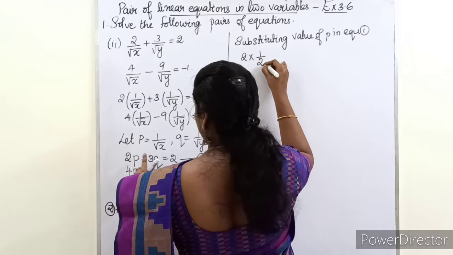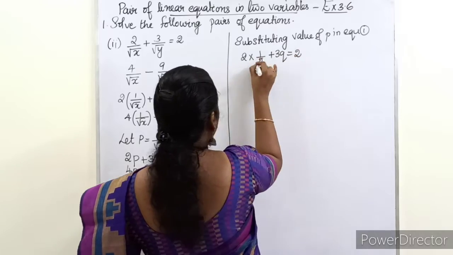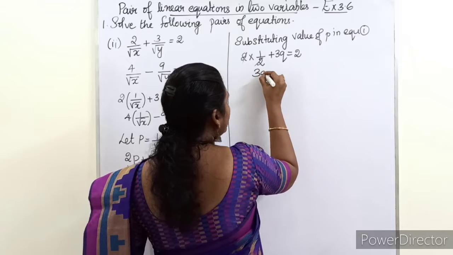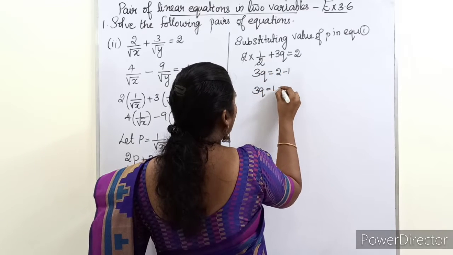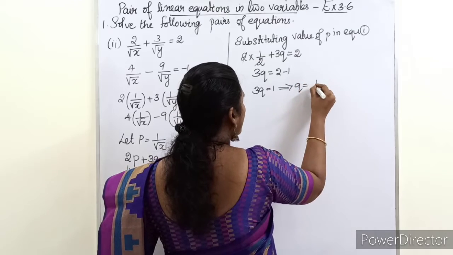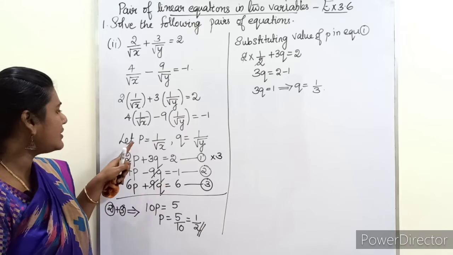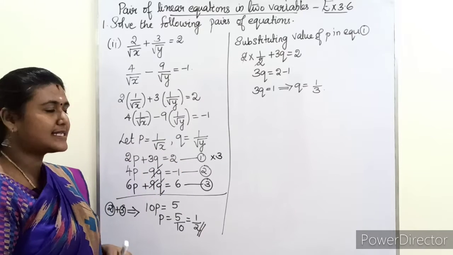So 2 into 1 by 2 plus 3q is equal to 2. So here 2 and 2 will get cancelled and 3q is equal to 2 minus 1. So 3q is equal to 1. So the value of q is equal to 1 by 3. So we got the value of p and q. Now using these we will find out the value of x and y.